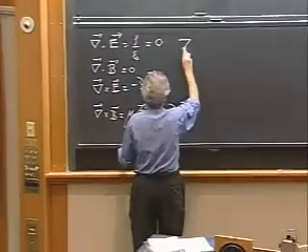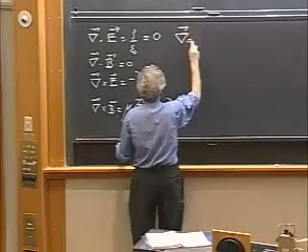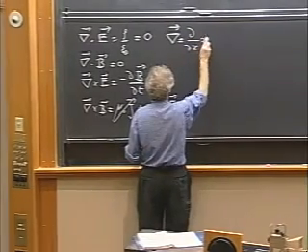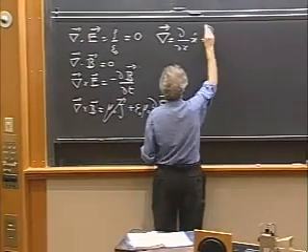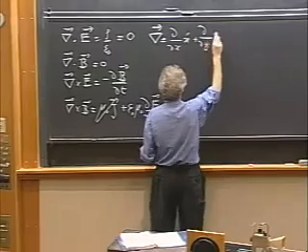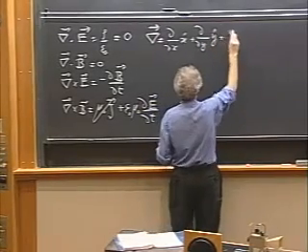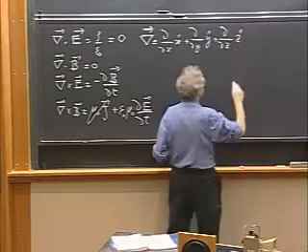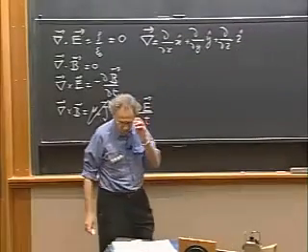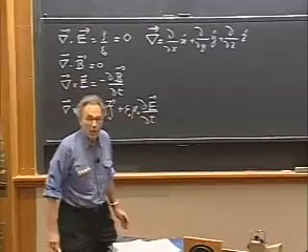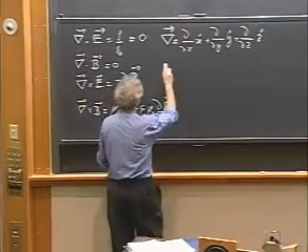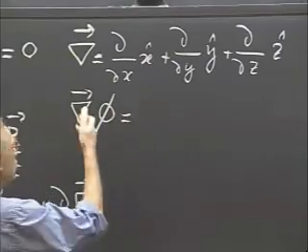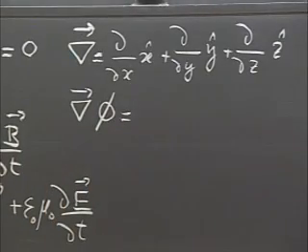The del vector is an operator: d/dx, x roof, plus d/dy, y roof, plus d/dz, z roof. If you apply the del vector on a function phi, this is called the gradient of phi.